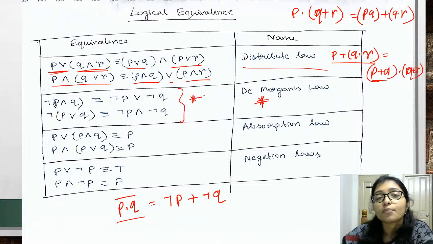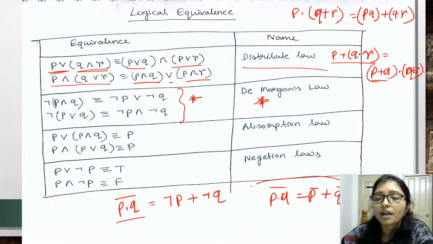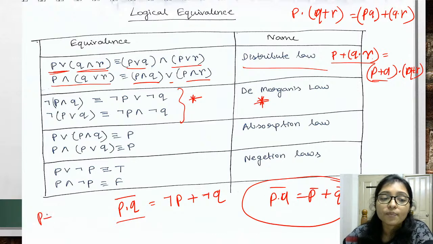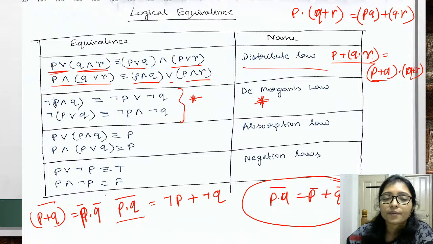This is very, very important for propositional logic and for digital logic both. Right? You write it like that: P dot Q bar equals P bar plus Q bar in digital logic. And the same also for the OR gate: P plus Q bar equals P bar dot Q bar. Right?